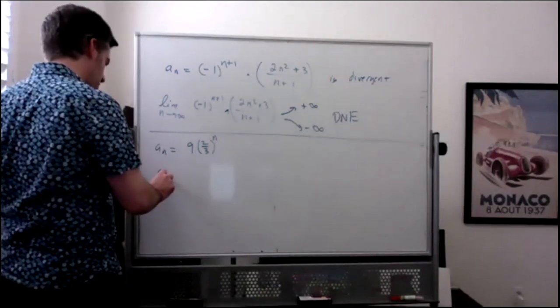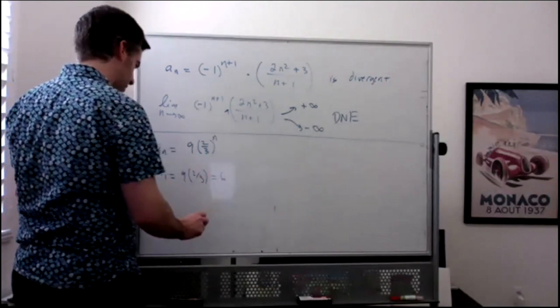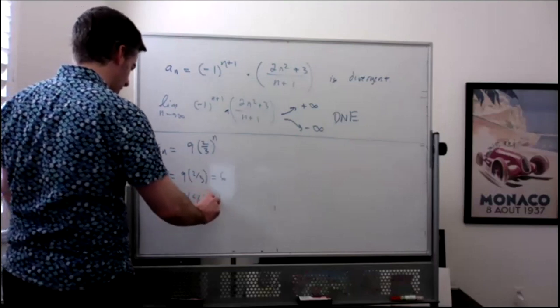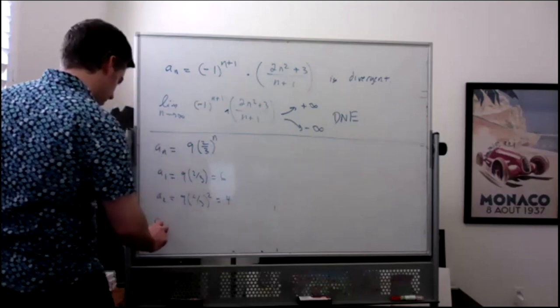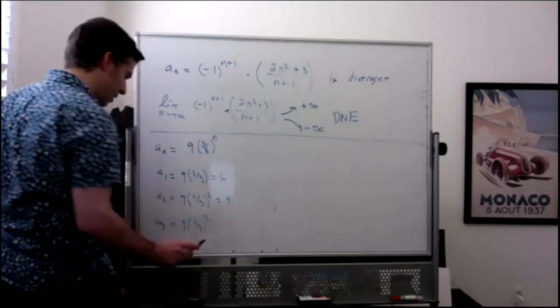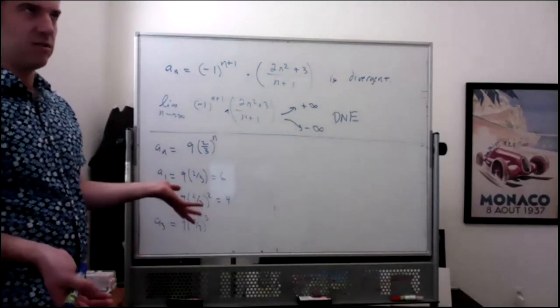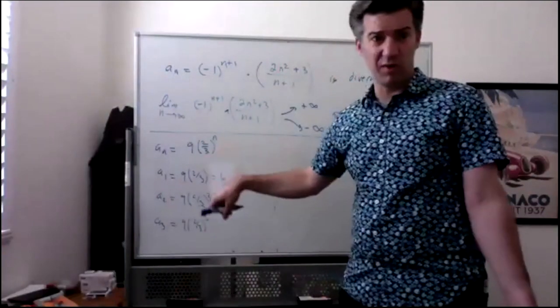So a sub 1 is 9 times 2/3, which is 6. A sub 2 is 9 times 2/3 squared, which is 9 times 4 ninths, which is 4. A sub 3 is going to be 9 times 2/3 cubed. I could say that 2/3 cubed is 8/27, so you multiply by 9, you get 8/3. But what's happening each time is I'm just multiplying by another 2/3.